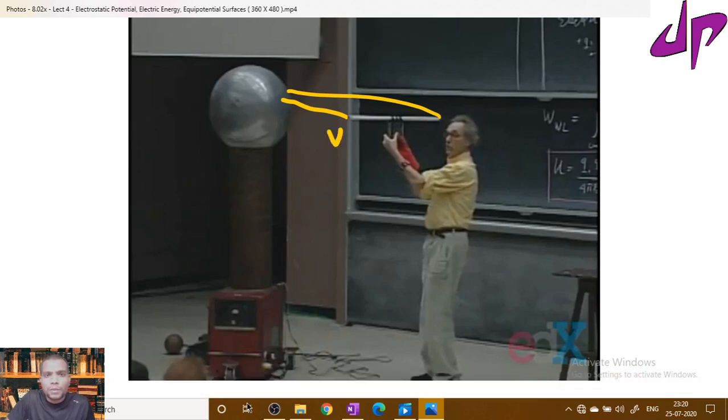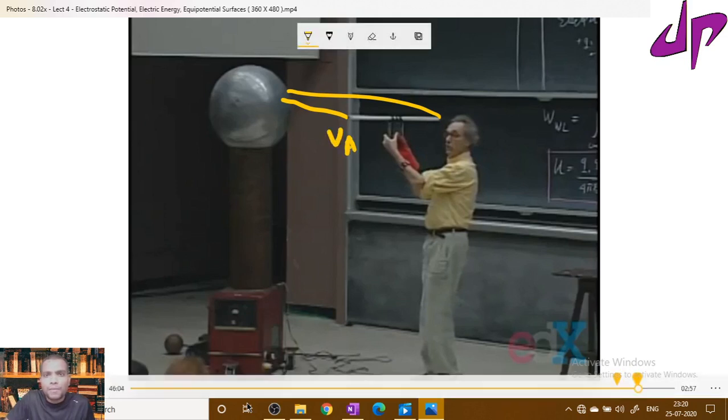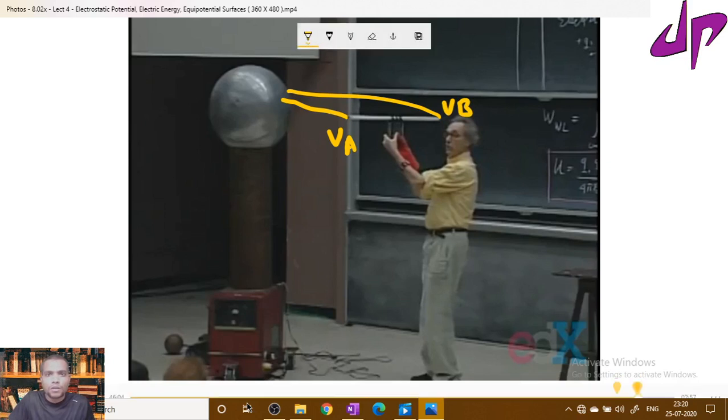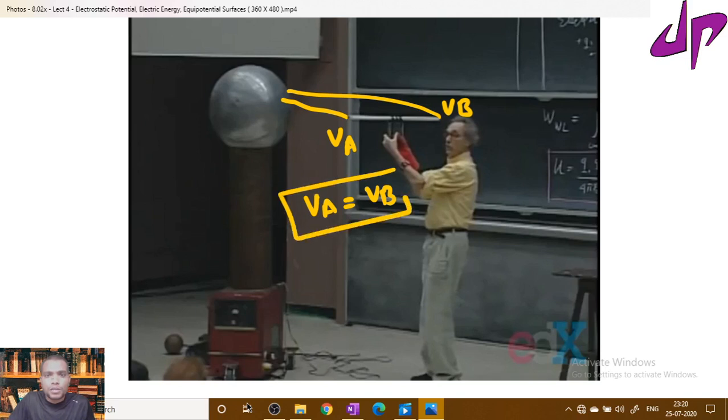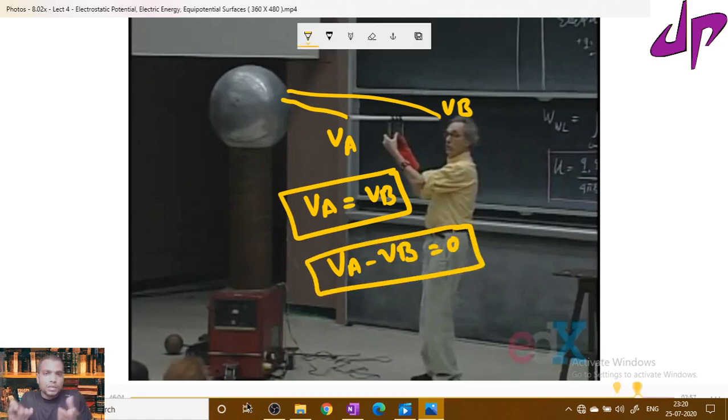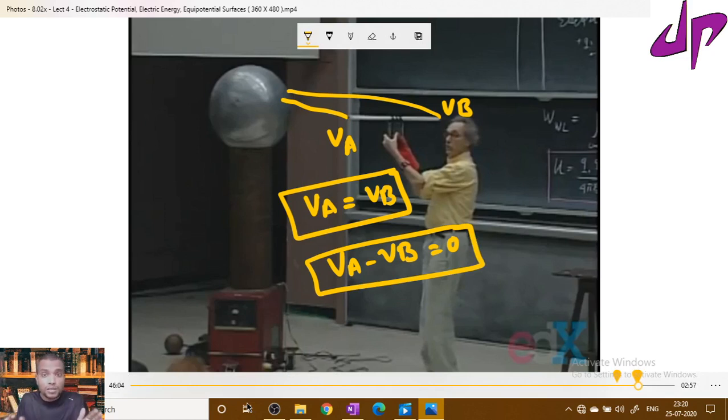It means they both are at the same potential, so V_A equals V_B. If you write the potential difference V_A minus V_B, it goes to 0. It means there is no potential difference, and if there is no potential difference, obviously the bulb won't glow.